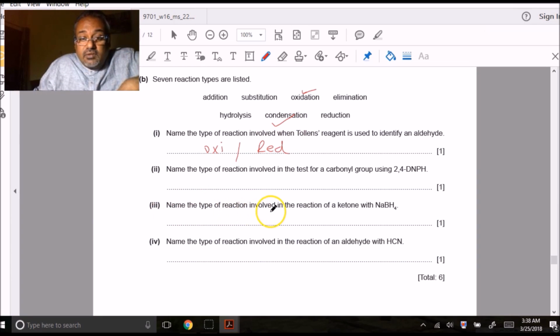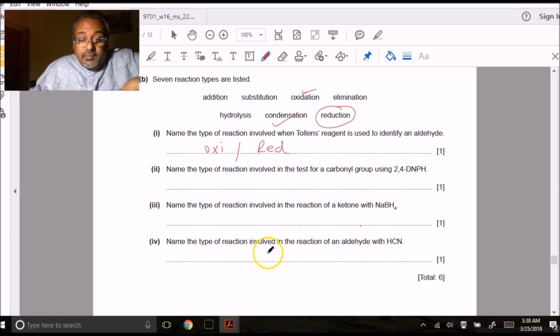The third question talks about the reaction between ketone and NaBH4. This is reduction of the ketone. You might remember secondary alcohol oxidizes and forms ketone, and this is reduction of ketone back into secondary alcohol. So that's why reduction would be the most correct answer here.